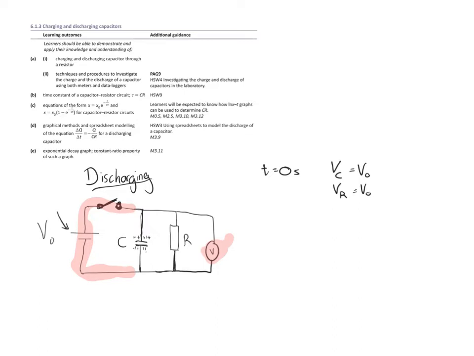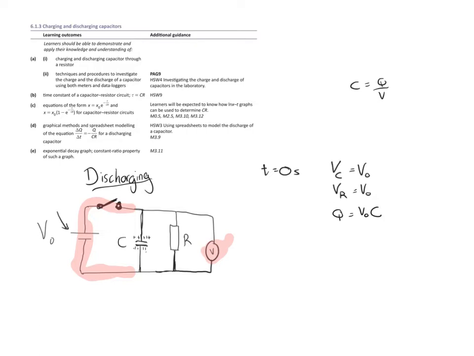Another is the charge on the capacitor, which is given by Q equals V0 C from the equation of capacitance, the charge stored per unit voltage. And the third is the current that flows through the resistor.